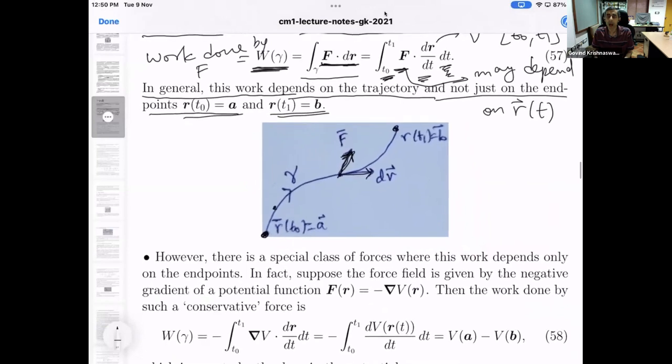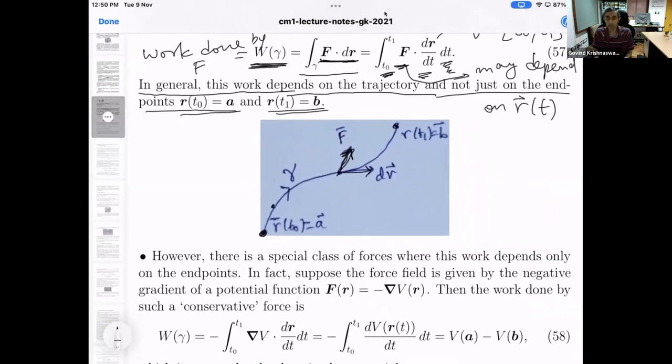Maybe there is another trajectory that doesn't look like this one, but goes in some other route between the same two points, in the same duration of time. That can happen. And one can legitimately ask the question, along that other trajectory, is the work done the same or not? And the answer to that question has to be found out. We don't have the answer right away.